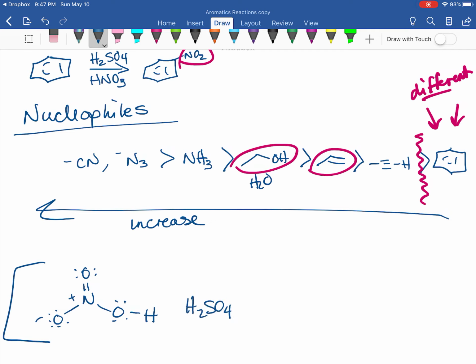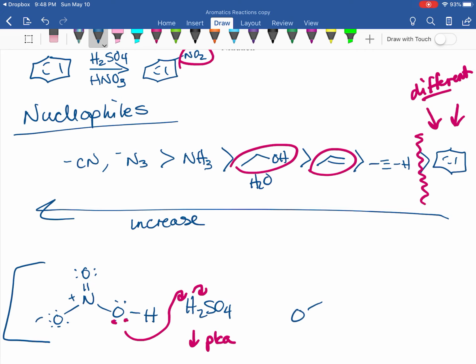If I mix sulfuric acid and nitric acid, which one is stronger? Our sulfuric acid wins. This, believe it or not, is going to have the lower pKa. So if I mix nitric acid and sulfuric acid, guess what? Nitric acid is a base.